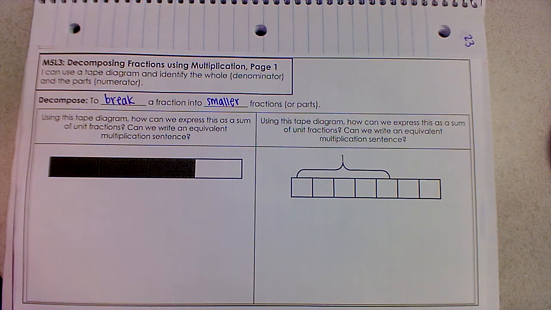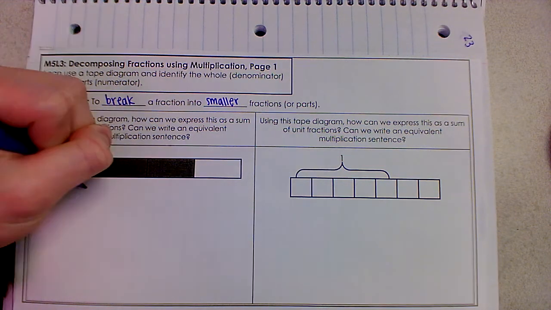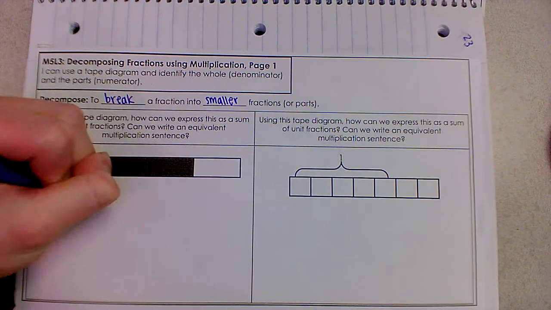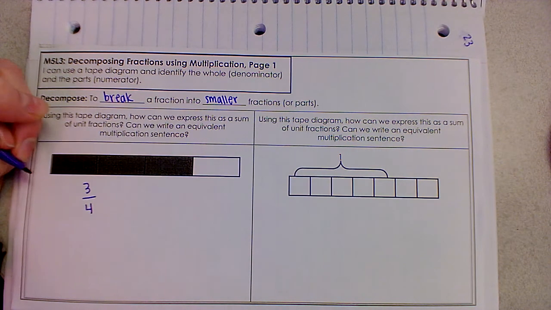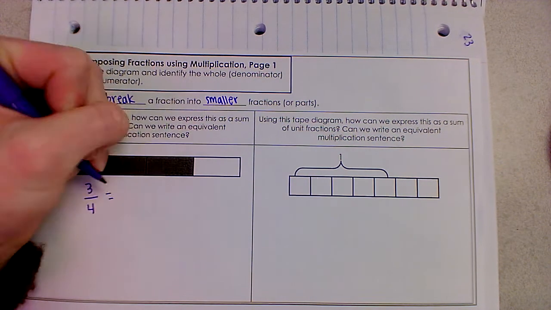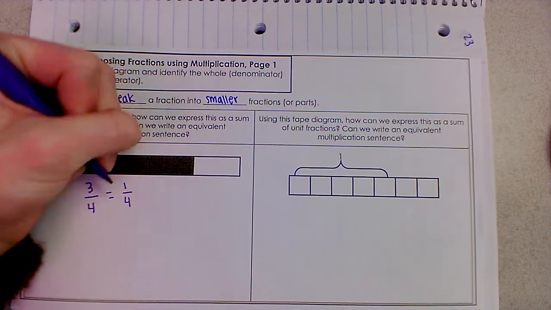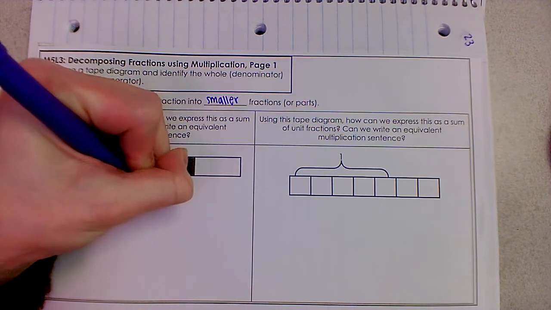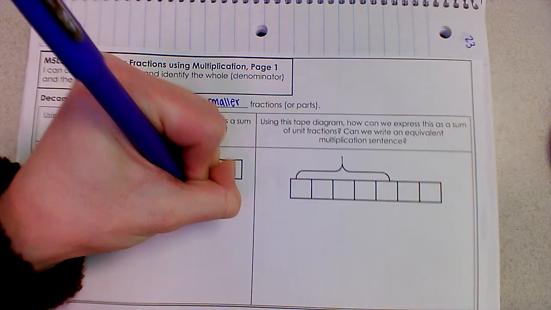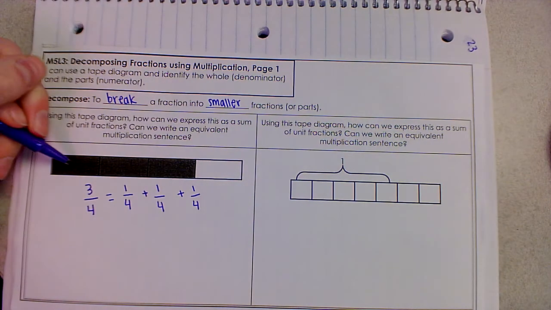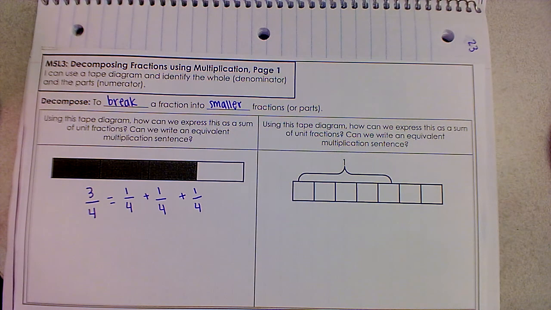So that means that this tape diagram is showing 3/4 shaded. And to write that in addition, we would just say 1/4 plus 1/4 plus 1/4. Because there are 1, 2, 3 parts.